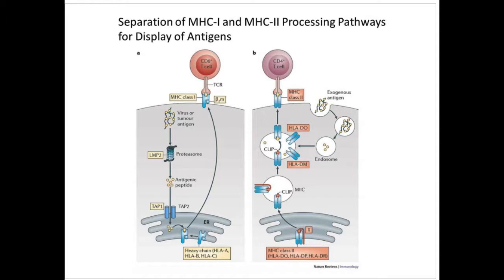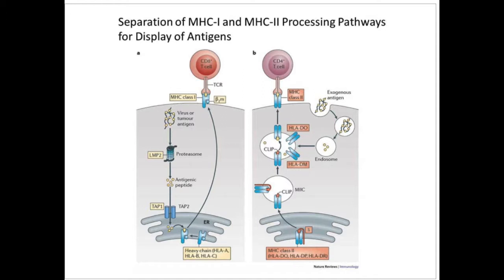There's also a little peptide called CLIP, which actually blocks the uptake of antigen, which is probably a mechanism to basically preserve open spaces for binding peptides. Right. So in this case, this is exogenous because all these peptides are coming from outside the cell.